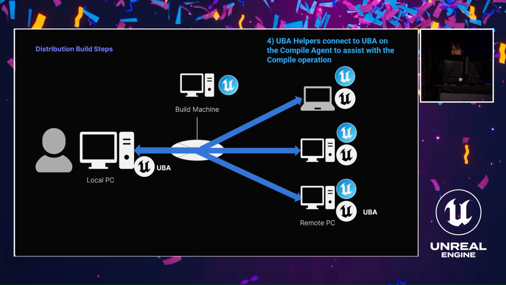Although this is an example of a distributed build, installing Horde server and Horde agent on the same machine increases the load and the memory consumption of the build process. So we recommend installing only one application on one machine.